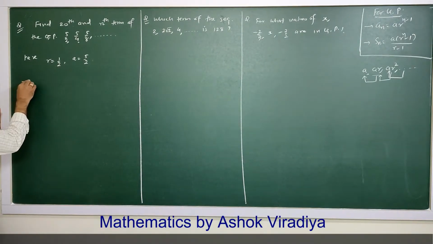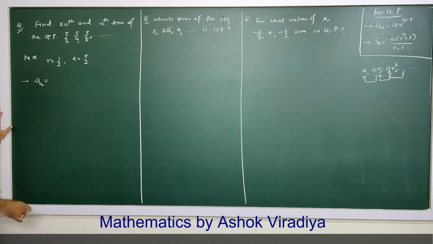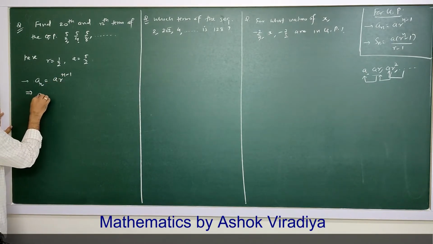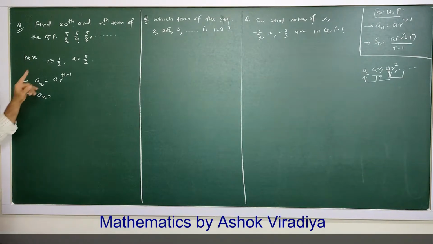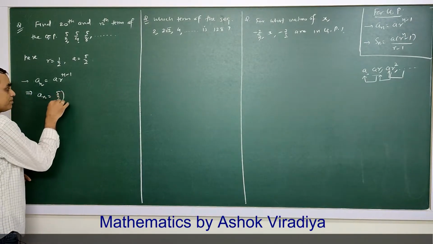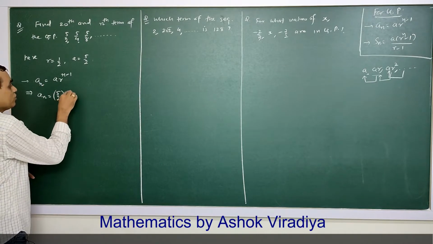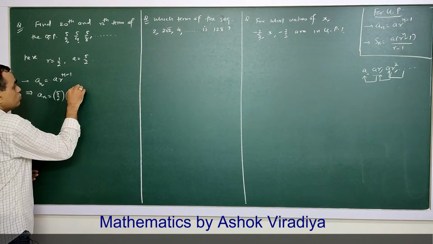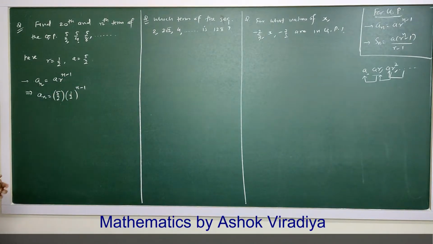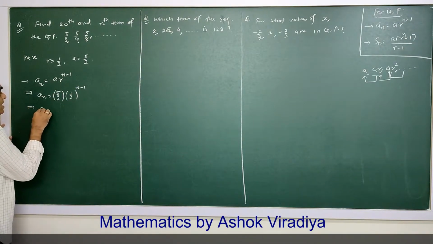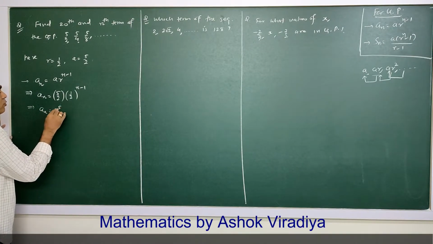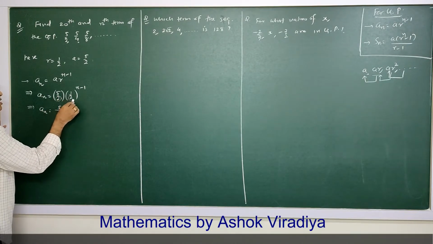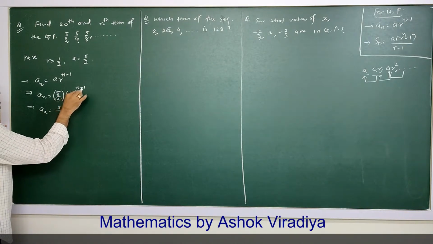Now the formula for the nth term. The formula for the nth term is A into R raised to n minus 1. So the nth term, A is 5 by 2, common ratio is 1 by 2, raised to n minus 1. So this is 5 upon 2, joining this 2 raised to 1 with 2 raised to n minus 1.